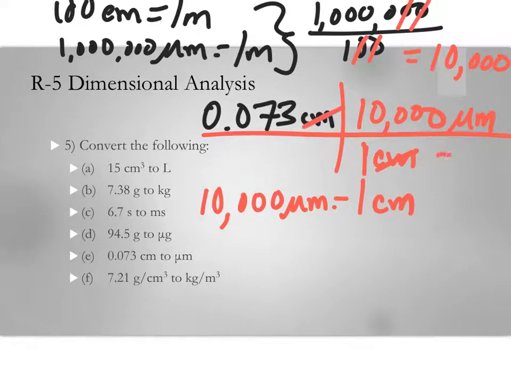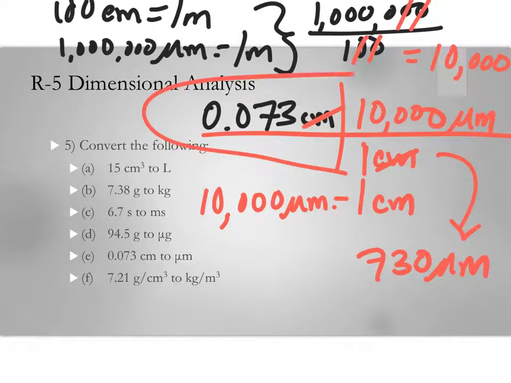Centimeters cancel out, and that gives you 730 micrometers. So the actual calculation, you could do it in 1 step if you have some other prior knowledge.